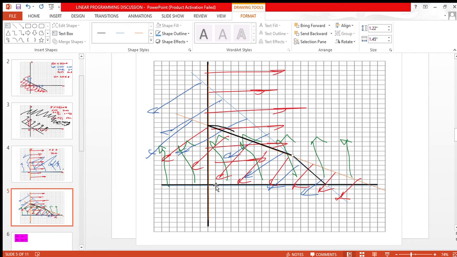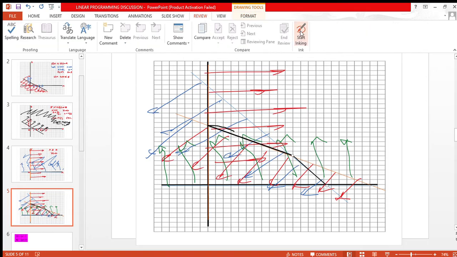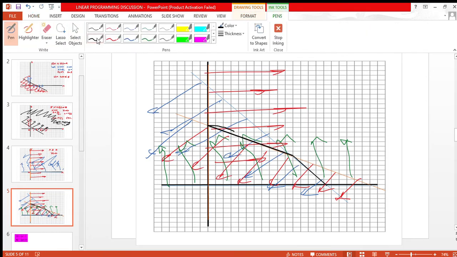And then finally, the x-axis and then the y-axis. Thus, if we will now shade the entire common section, it will now be this part here. That's the common section of all the constraints.